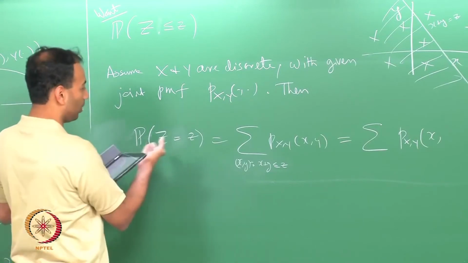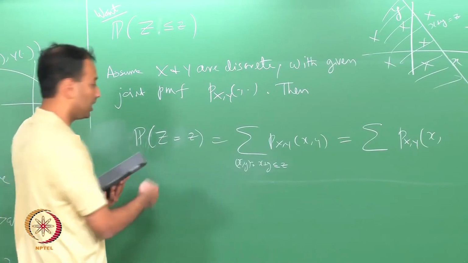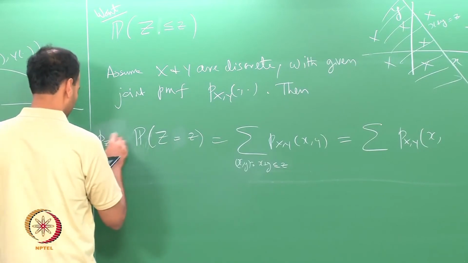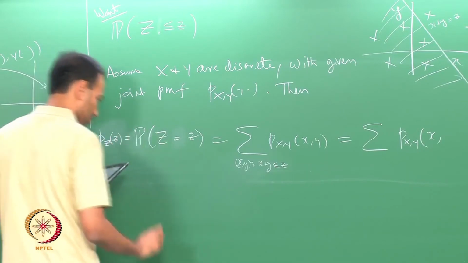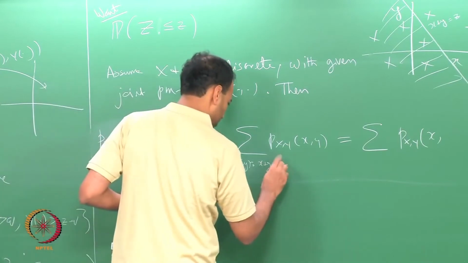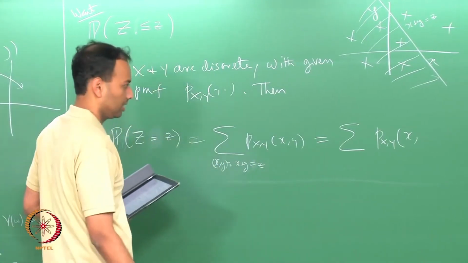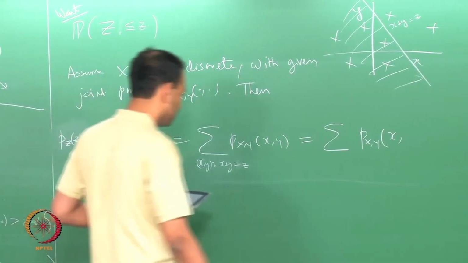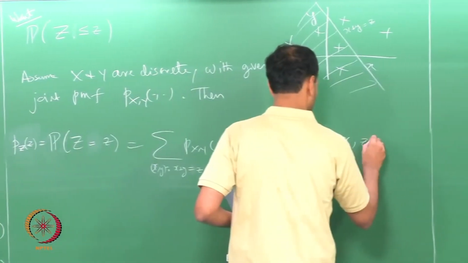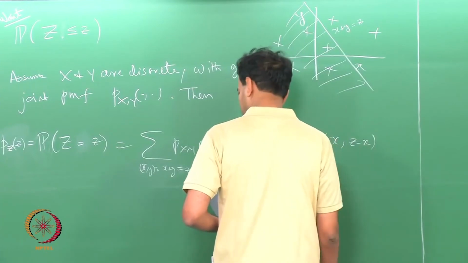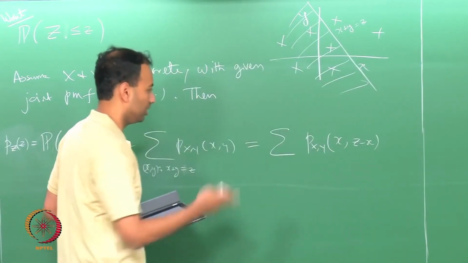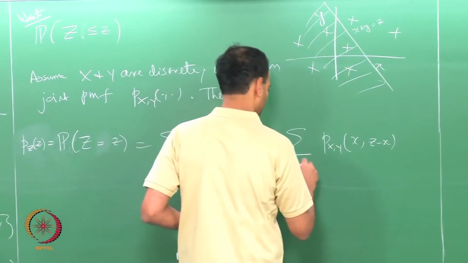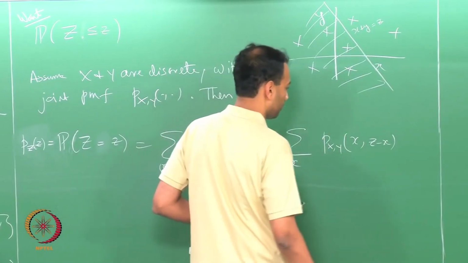So, I can actually go for the PMF instead of writing down the CDF. So here this will become x plus y equal to z. There was nothing wrong with what I was writing earlier, but this is simpler. So, this I will sum over all x, correct.